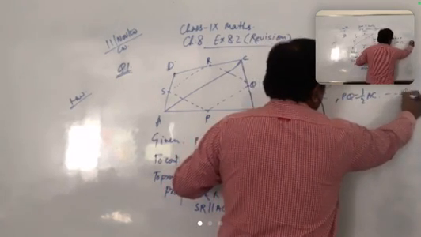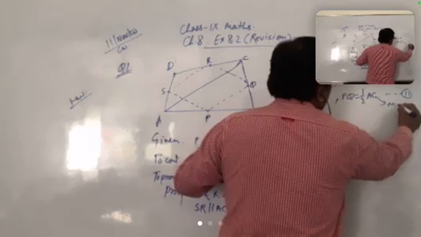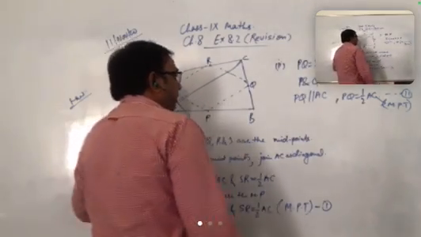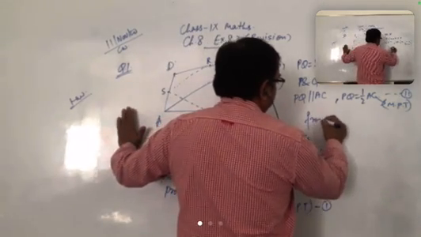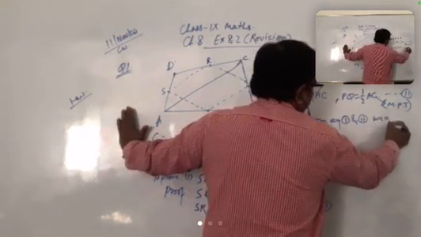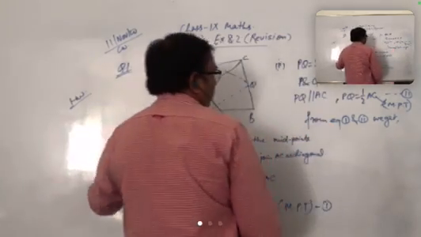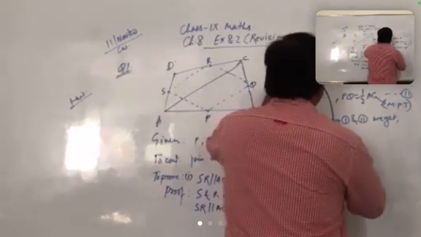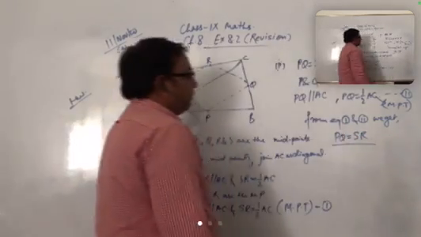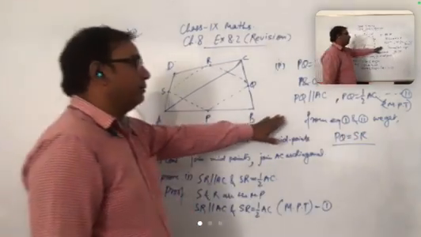This is equation 1 and equation 2, by the midpoint theorem. From equation 1 and 2, we get PQ is equal to SR. Now the second portion is clear.